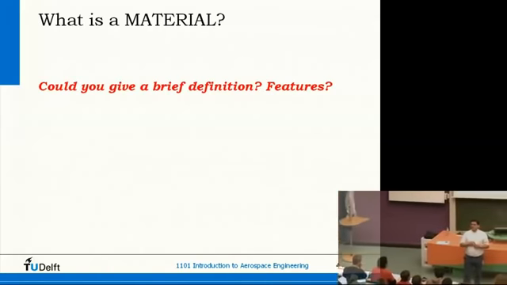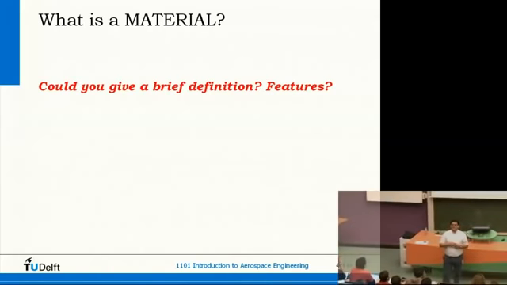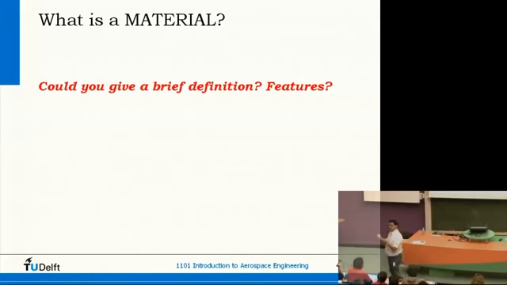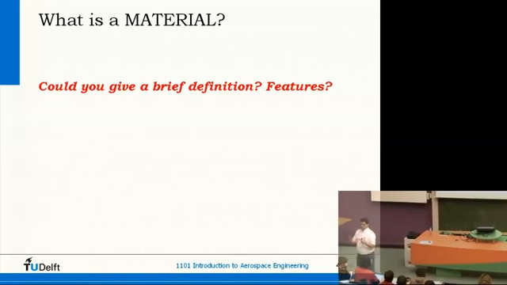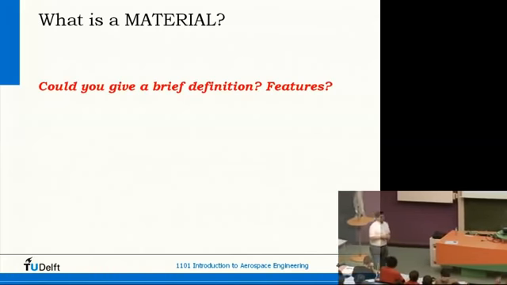Other ideas? A collection of matter that makes up something. Collection of matter. Yeah. Essential things. Everyone knows when we're talking about materials what we mean with it, but how to formulate and how to express it can be rather difficult.